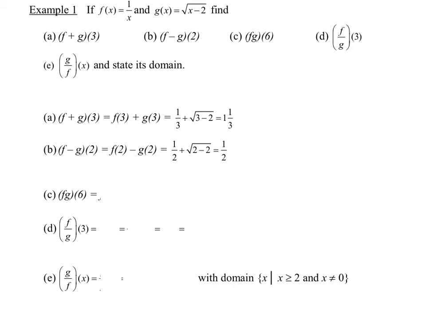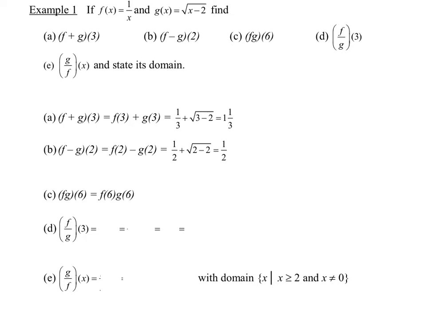For fg of x, f times g of x, we're going to have to multiply this times this and plug in a value of 6 for x. So if we do that, what we should get to start off with is just f of 6 times g of 6.